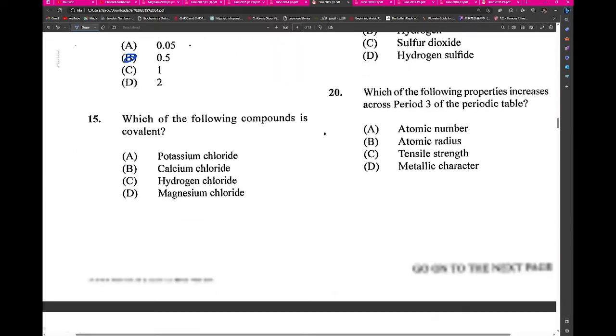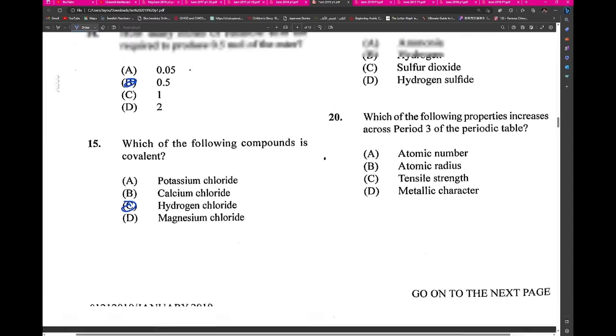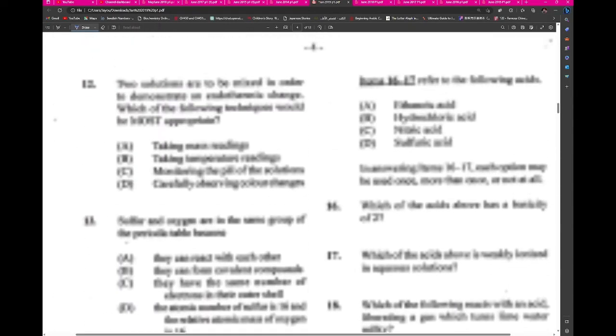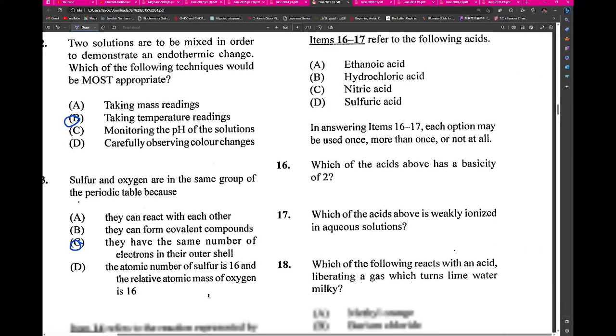B. Which of the following compounds is covalent? Covalent compounds would be hydrogen chloride here. Non-metal plus non-metal is covalent, metal and non-metal is ionic, and just metal is metallic.